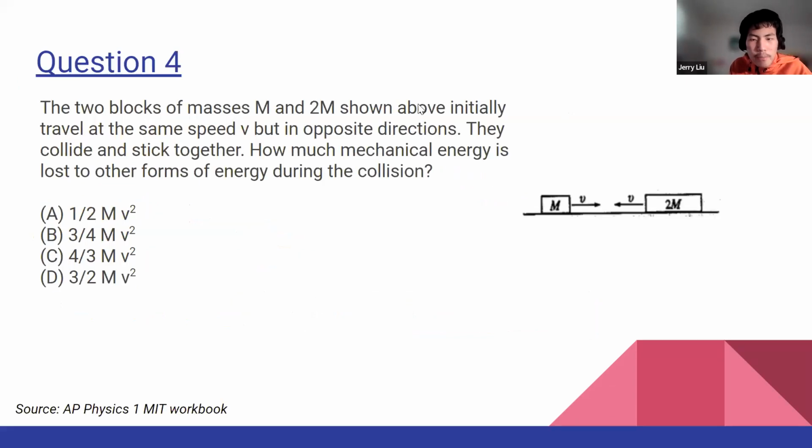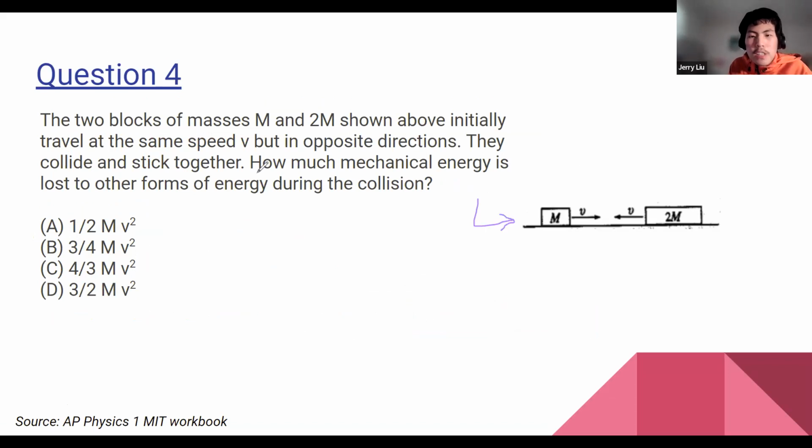Next question. This type of question is very common in basic physics exams. You have two objects and one has a slightly larger mass than the other. So here it's m and 2m. They're often variables.